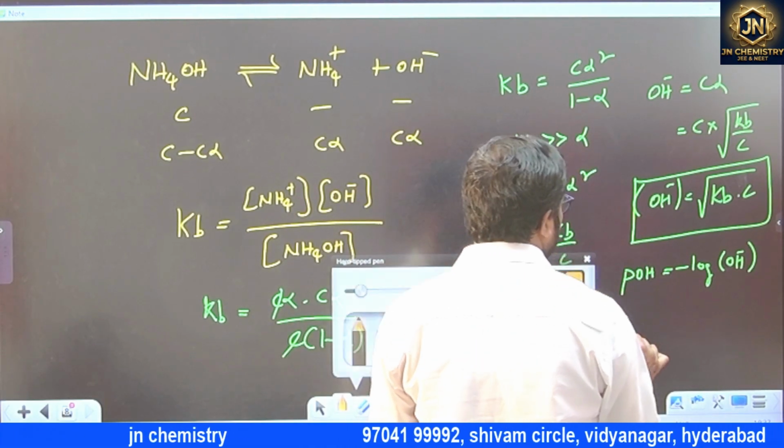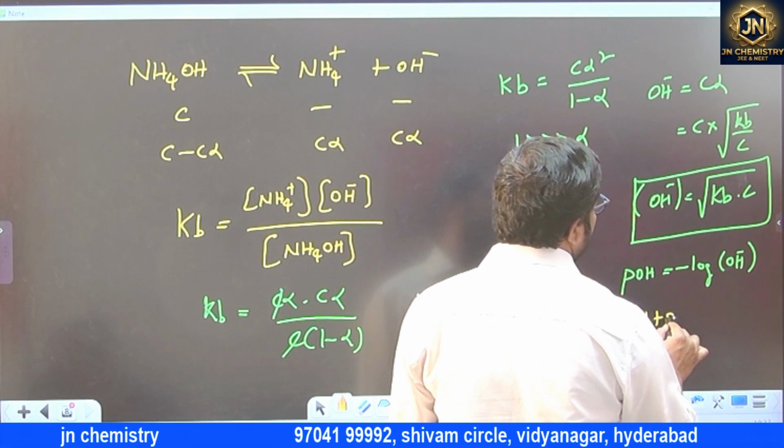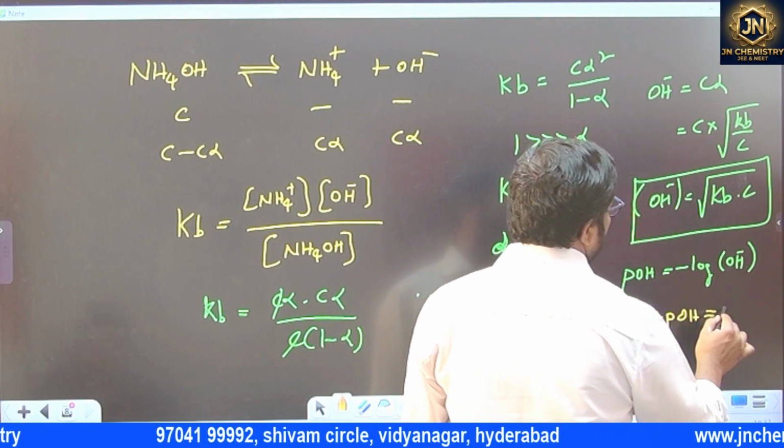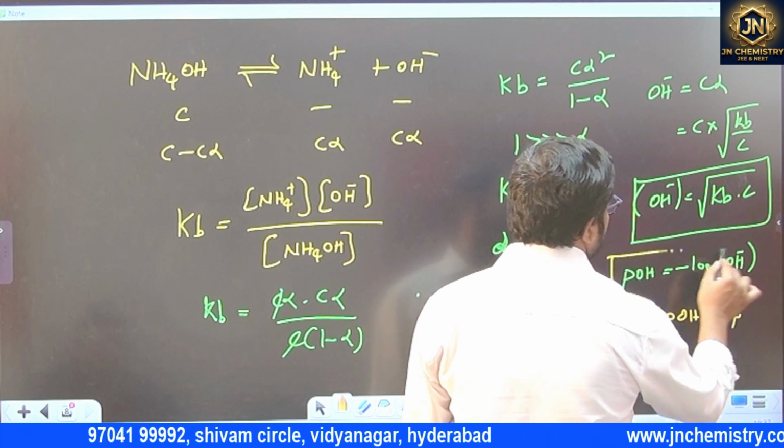Of course, I'll discuss that pH plus pOH is equal to 14.